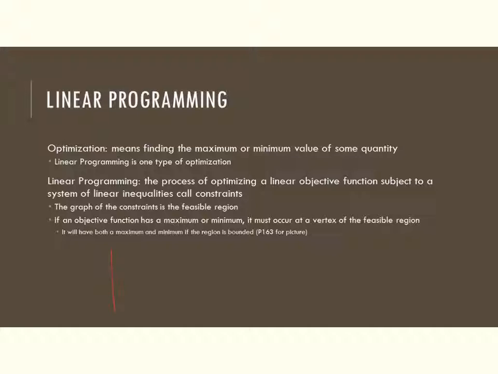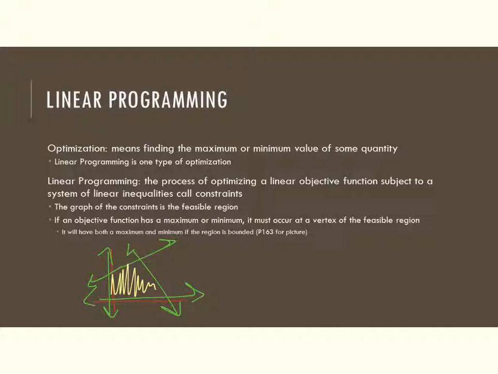So if there's my axes, and we've graphed maybe that constraint and that constraint and that constraint, what I have is this bounded area. So that's going to have a maximum and a minimum.